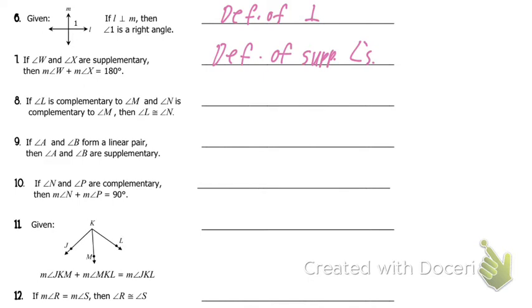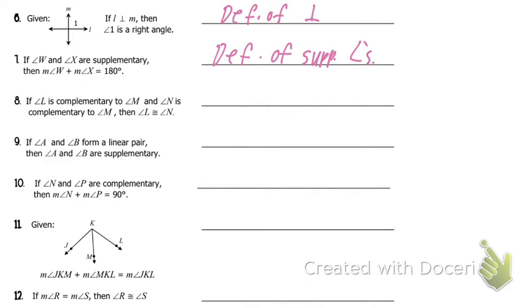Number 8. If angle L is complementary to angle M, and angle N is complementary to angle M, then angle L is congruent to angle N. Well, we're not going words to math or math to words. It's not a definition. We're not dealing with things being equal and congruent, so it's not definition of congruence either.